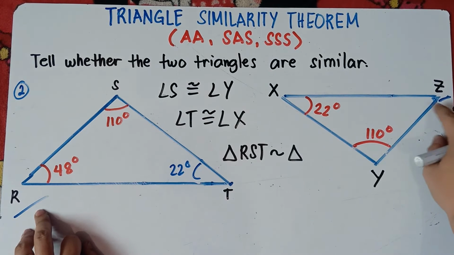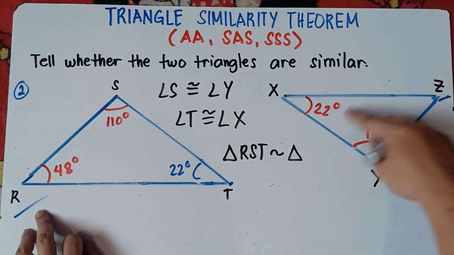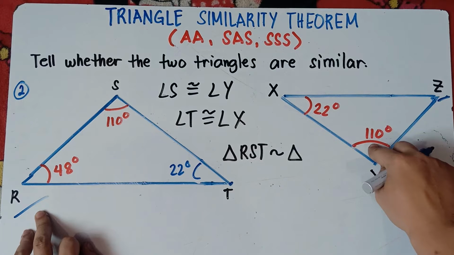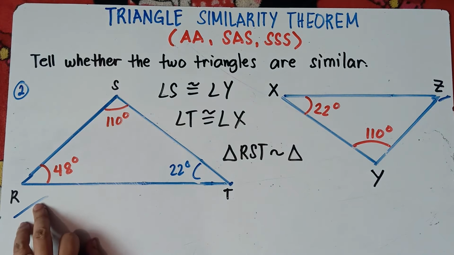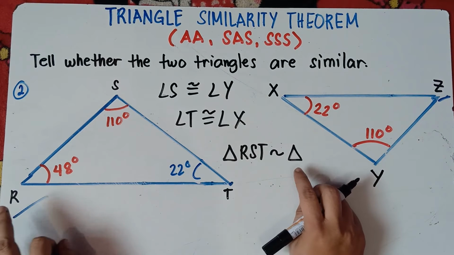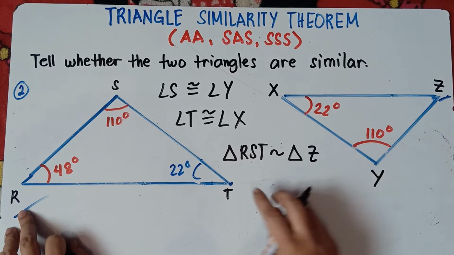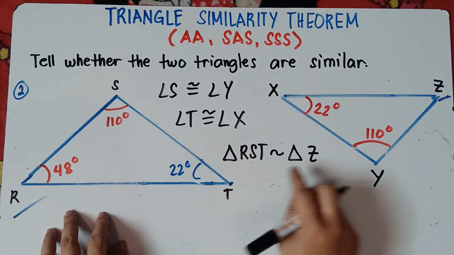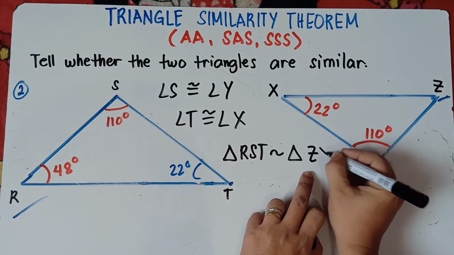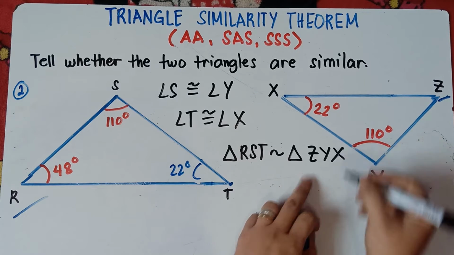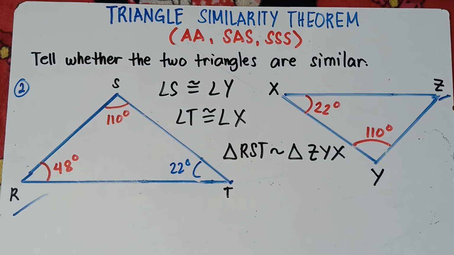Angle Z must be 48 because 48 plus 22 plus 110 is 180. So you read this one RST, it should be ZYX. Triangle RST is similar to triangle ZYX. That's it, class. That's it for the AA similarity theorem.